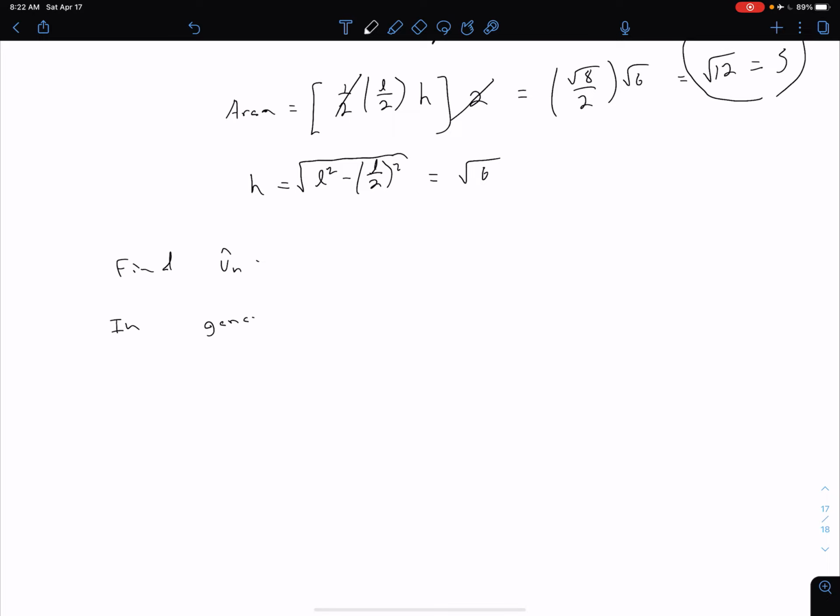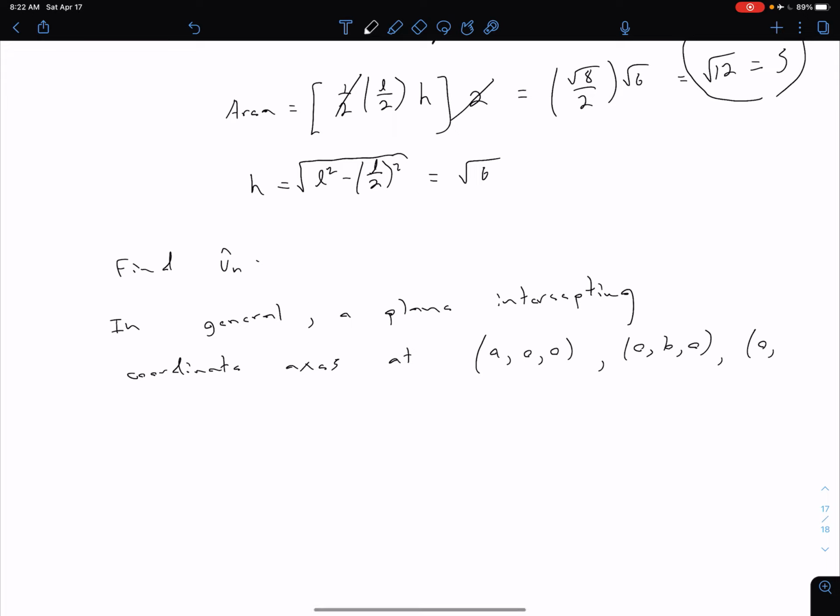In general, if we have a plane intercepting our coordinate axes at certain points, let's say on our x-axis it intersects at A, on our y-axis it intersects at B, and on our z-axis it intersects at C. So we have 0, 0, C; 0, B, 0; and A, 0, 0, as shown there.